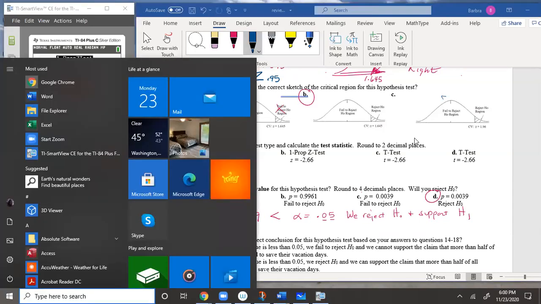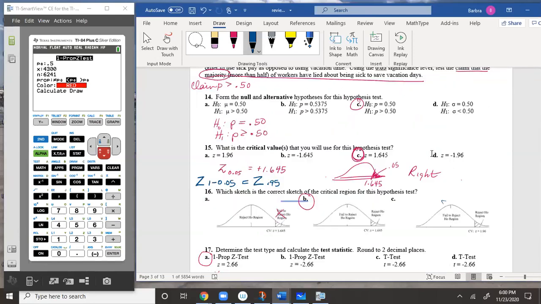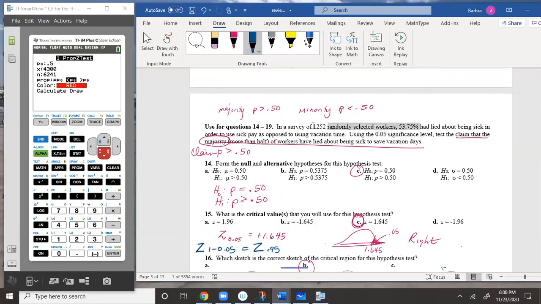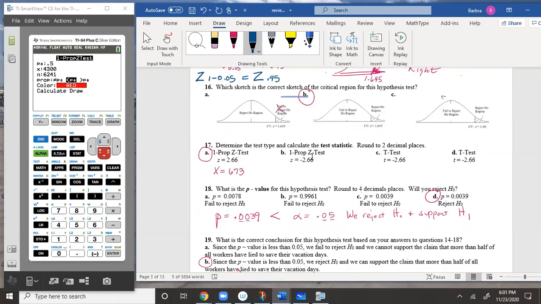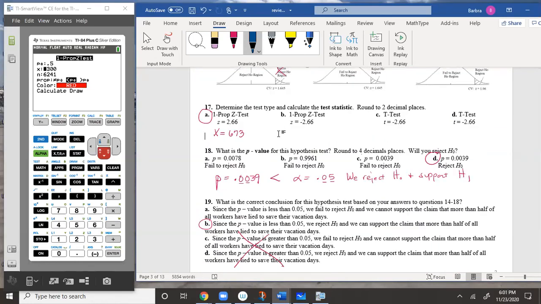I just pasted that information so I don't have to remember it. So we have N and we have P hat.